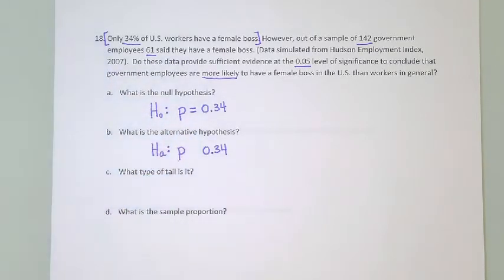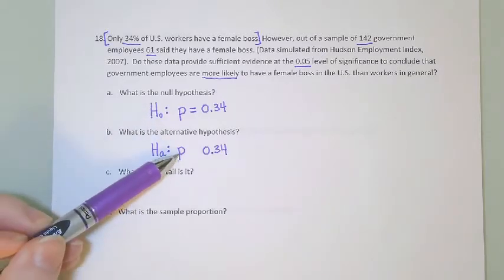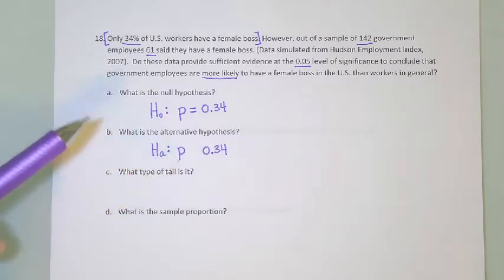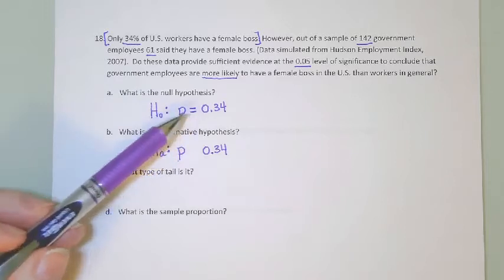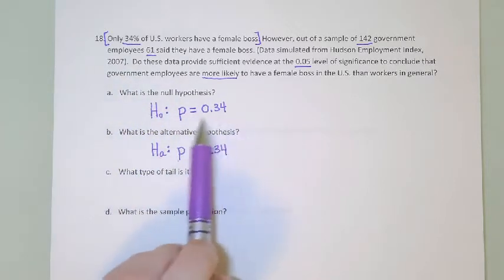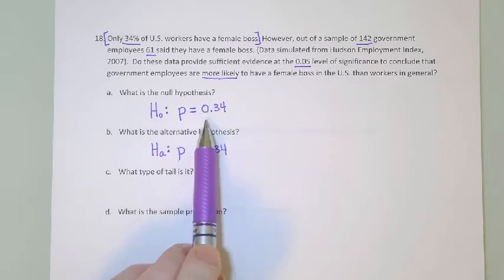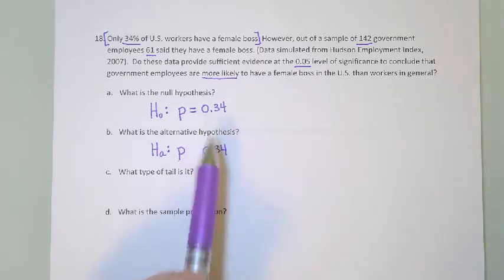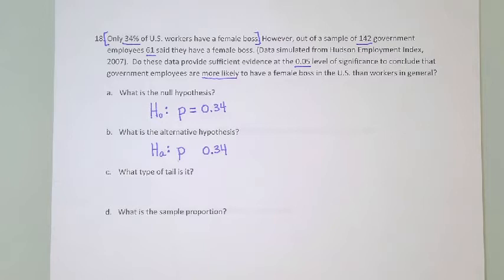So our alternative hypothesis is what we're trying to prove. So we're going to be trying to prove that the population proportion is not really 34%. We're going to be trying to prove it's either less than, greater than, or just different from that amount.